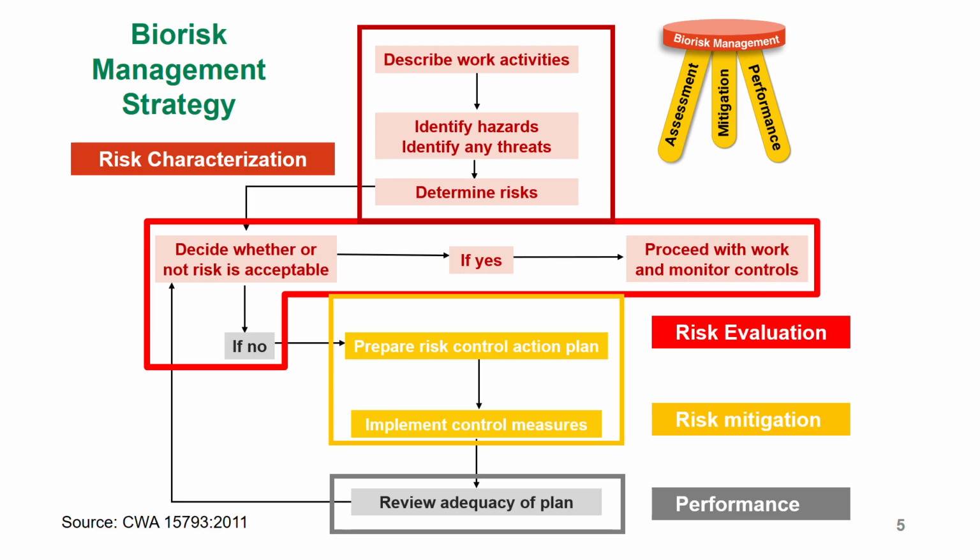So if you as a laboratory still have the power, the resources, everything you need to actually implement, or you still feel there's more you can do and you have the resources, you go back and prepare a risk control action plan. Okay, after you implement, check or review adequacy of the plan, then do your risk acceptance again until your risk is now acceptable and you proceed with work and monitor the controls.